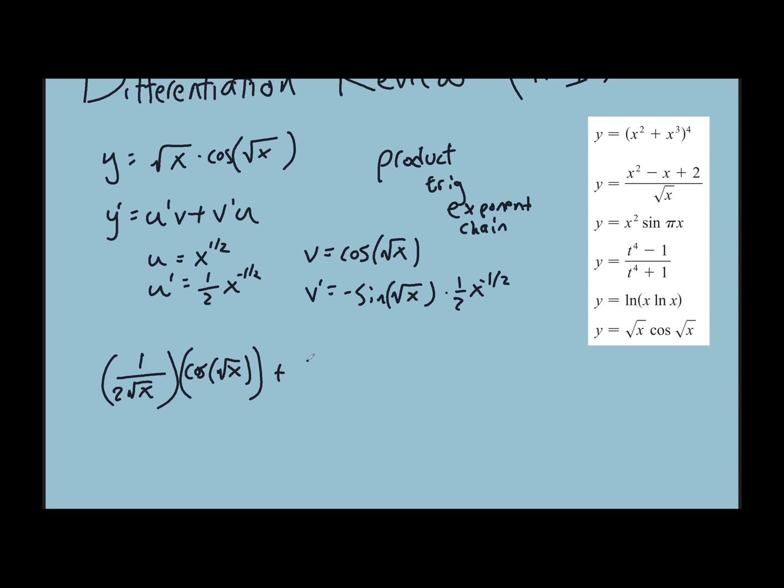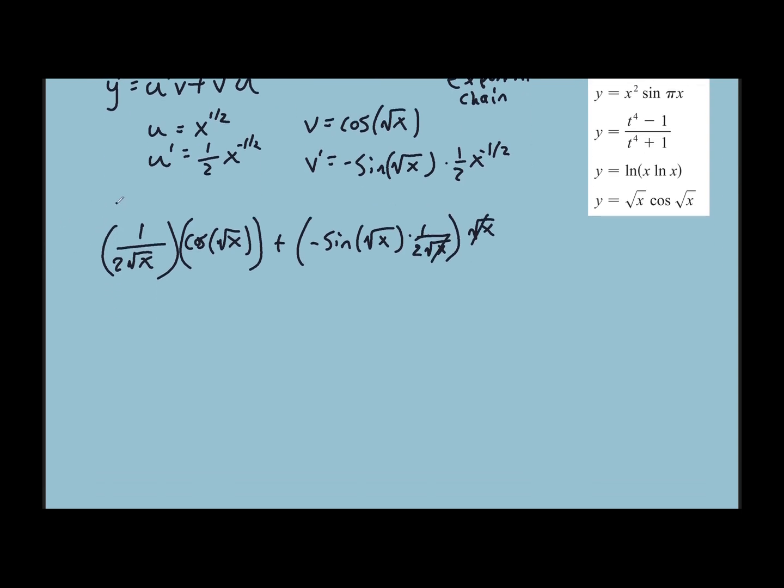Okay, V prime is negative sine rad x times 1 over 2 rad x, and u is rad x. So these are going to cancel right away. What we're going to see here is that we get cosine of rad x over 2 rad x minus sine rad x over 2.